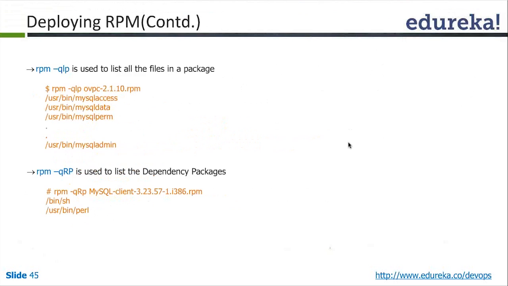If you want to see the list of files which are part of your RPM, you can put an -ql, and it shows you everything included in the package. Then if you do -qR, it shows you all the dependency packages which are part of that particular package. As I told you, I'll go through this as a part of a lab in a very ordered way. For now, just understand that you have these options.